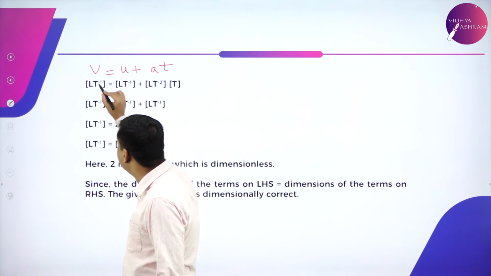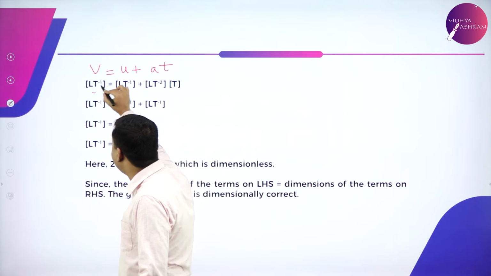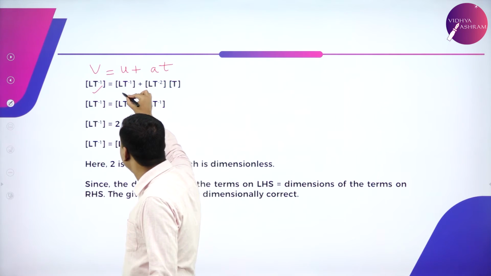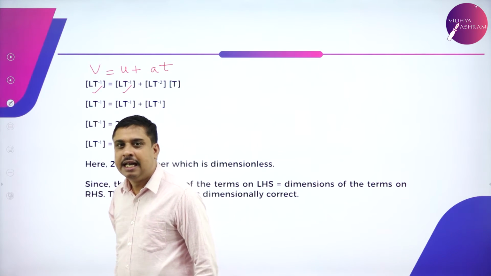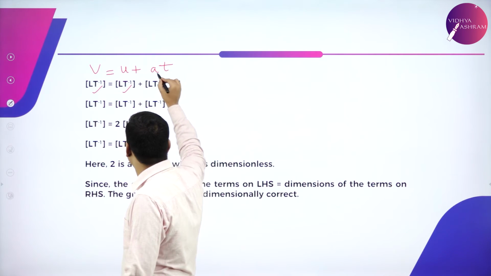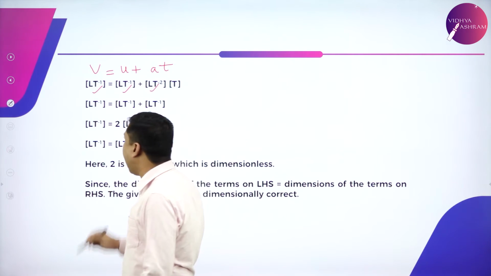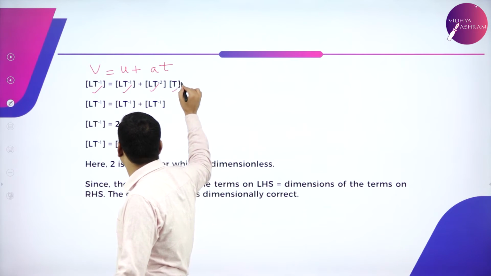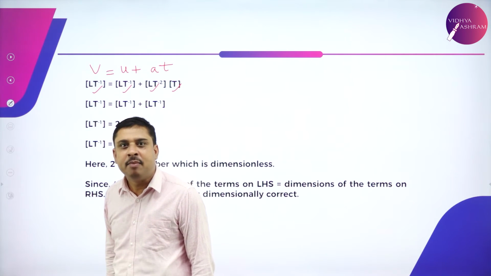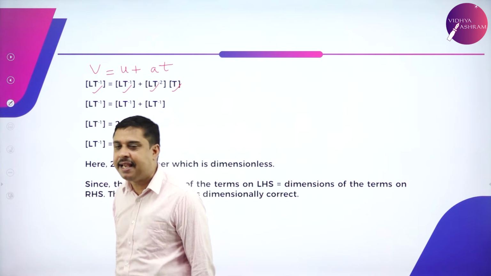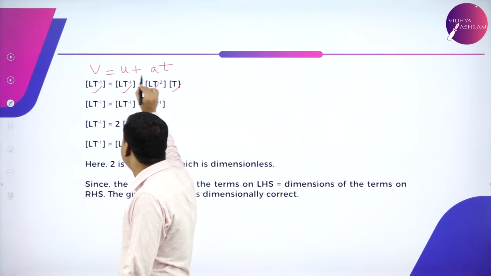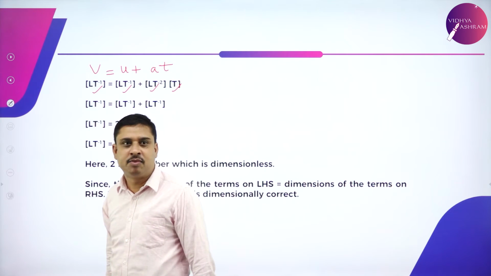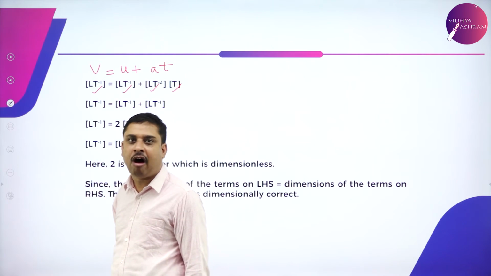Substituting the dimensions, V is LT minus 1, U is LT minus 1, acceleration LT minus 2, time is capital T. I have substituted the dimensions of all the terms in the given formula.